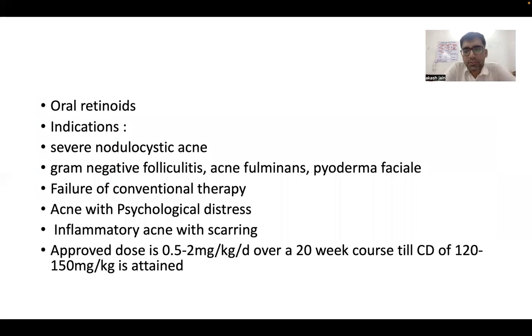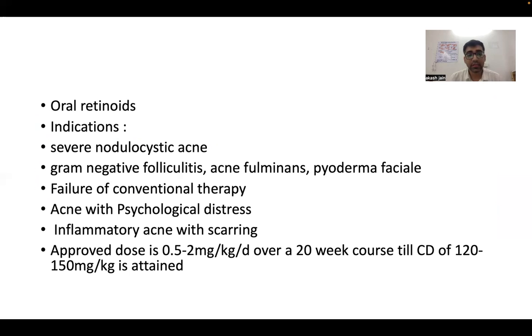Now the main drug which is used in acne is oral retinoids. These are the drug of choice in severe acne, that is grade 3 and grade 4 acne, severe nodular cystic acne. It's an FDA approved drug. Other indications include gram-negative folliculitis, acne fulminans, and pyoderma faciale.